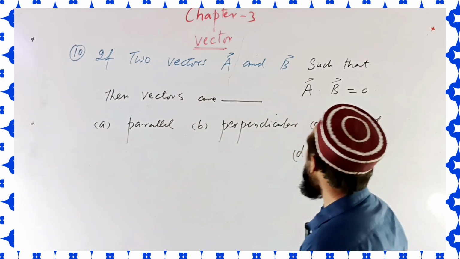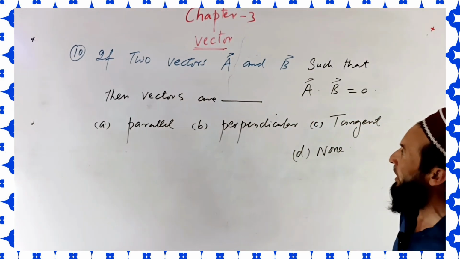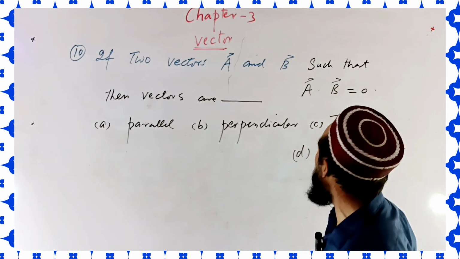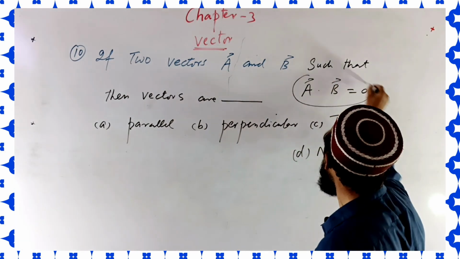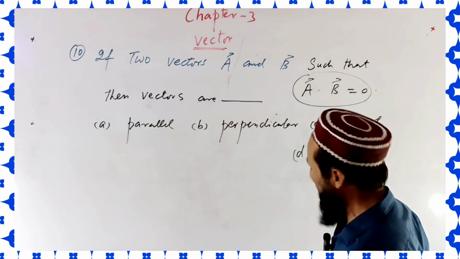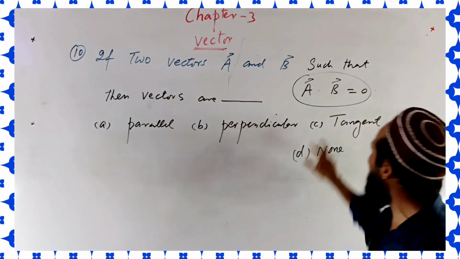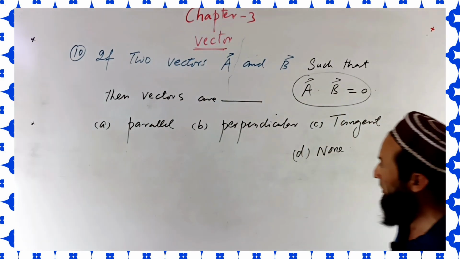This is the clear definition: if two vectors are perpendicular, their dot product or scalar product is 0. That is the given condition. The dot product means the scalar product.